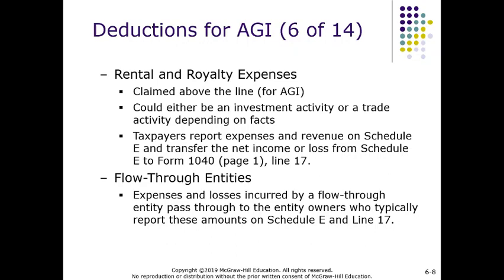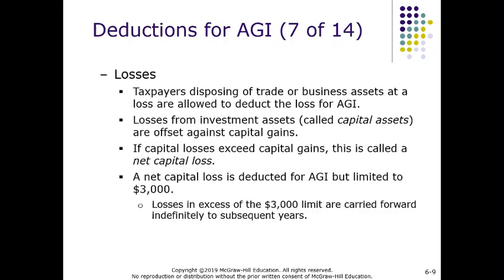And if you have other rental and royalty income and expenses, you're going to include all that on Schedule E, and whatever the bottom line gain or loss is, net income or loss, is also in Schedule E and transferred to line 17 of the Form 1040.